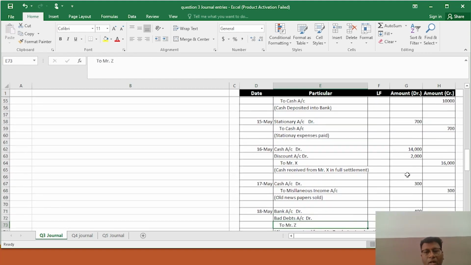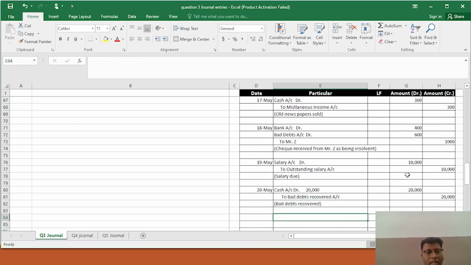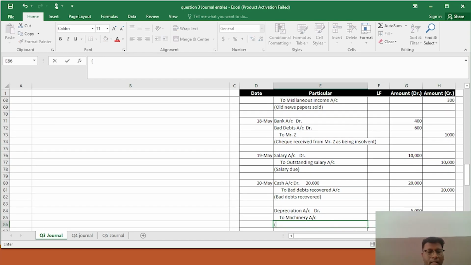So depreciation account, you have to make this account debit, and because you are charging this depreciation on machinery, to machinery account rupees 5,000, and you have to mention the narration depreciation charged on machinery, and the date was 21st May.